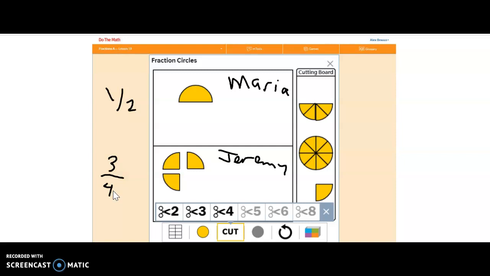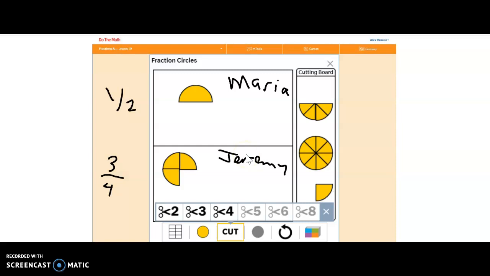What you can do is draw these fraction pieces in your book for number 1 on page 34. Maria has half, Jeremy has 3/4. Who has more? Well, if you put these pieces close together, you would notice that Jeremy has more.